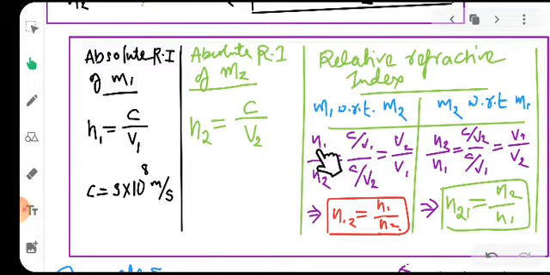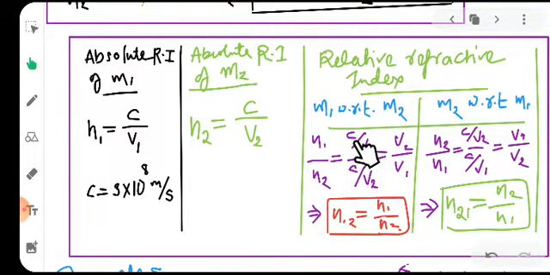You have in the numerator n1 and you have n2 in the denominator, which equals, as per the definition of the absolute refractive indexes, n1 stands for c over v1. See, it was over here. So I have replaced n1 with c over v1. And in the denominator, n2, which was c over v2, is just replaced right there.